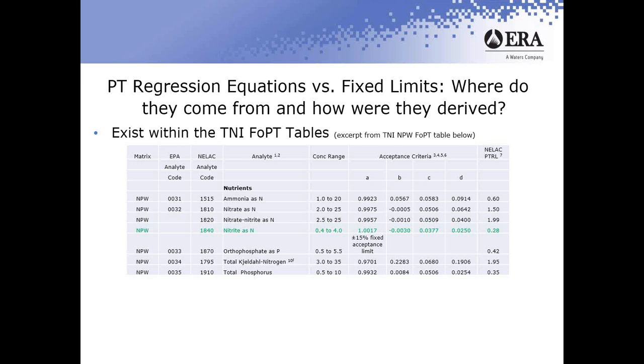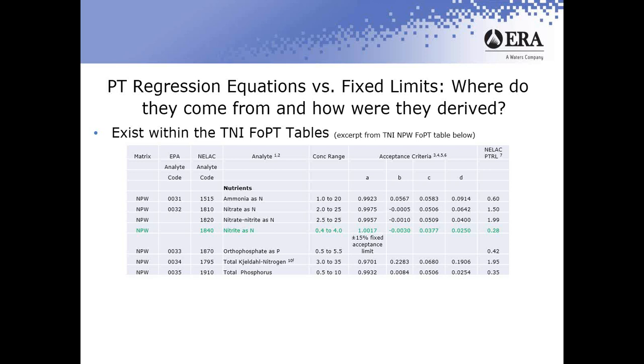As you'll see in this table, there's an A, a B, a C, a D column under acceptance criteria. Those are regression equations. A and B are the values used to calculate the slope and residual of the assigned value. Let me back up a little.